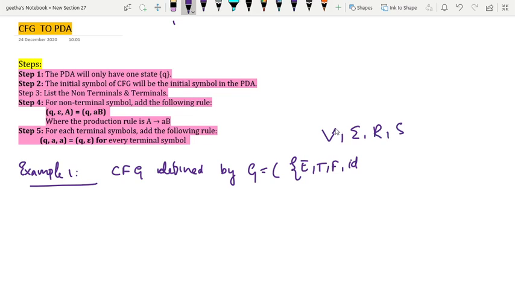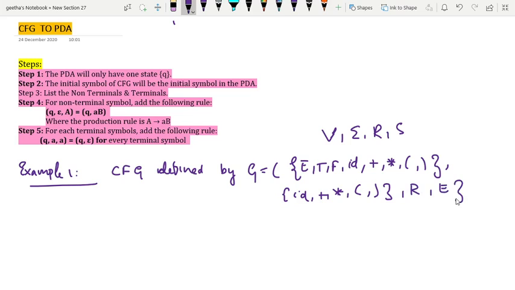What is V? All the variables, that is non-terminals and terminals. From this list itself you are going to get the terminals and non-terminals: ID, plus, star, open parenthesis and closing parenthesis. Next we have the alphabet sigma, the input symbols: ID, plus, star, open bracket, close bracket. Next we have R, all the rules, and then the starting symbol.